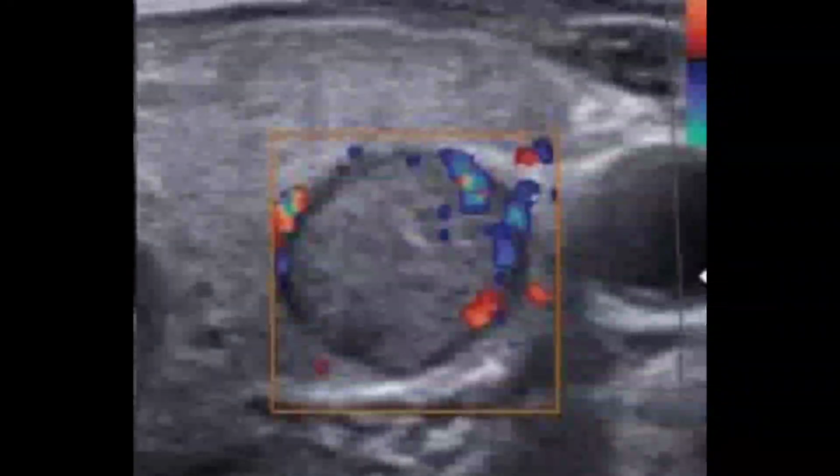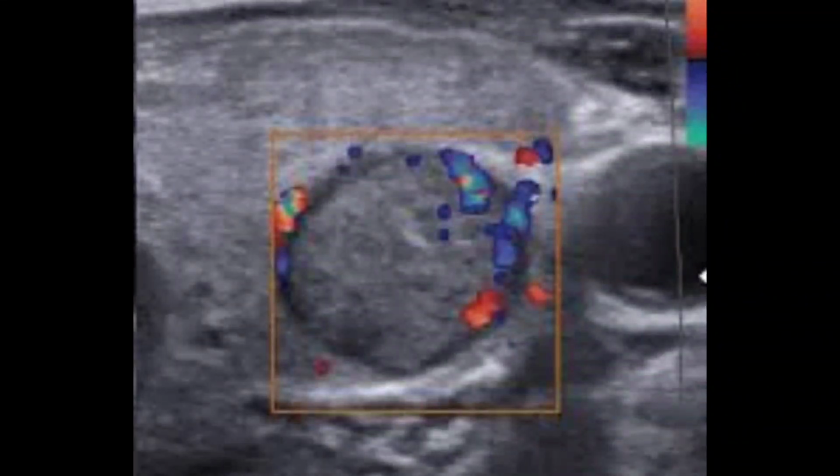In that case you can appreciate this is a well-defined hypoechoic nodule with surrounding vascularity, so this is a benign lesion. This will fall under the U2 classification.